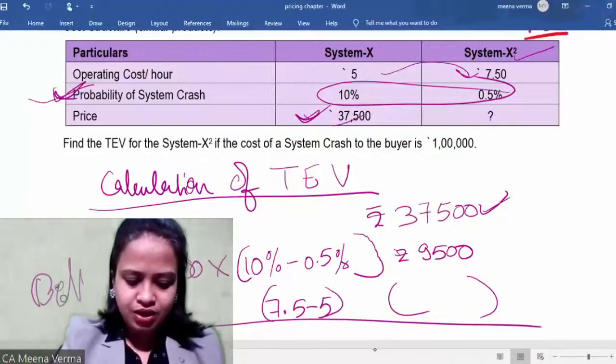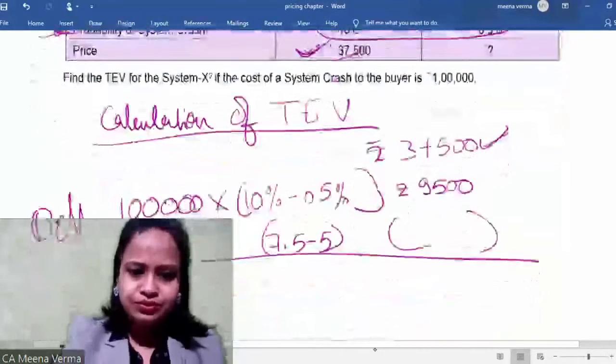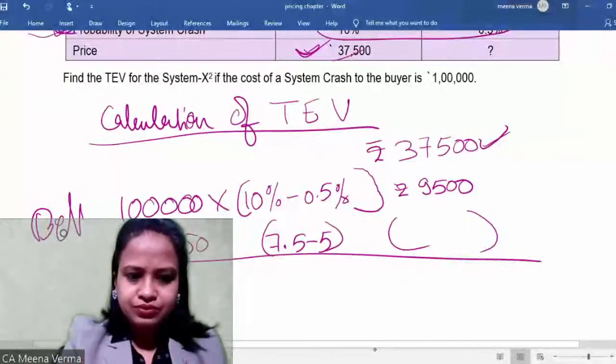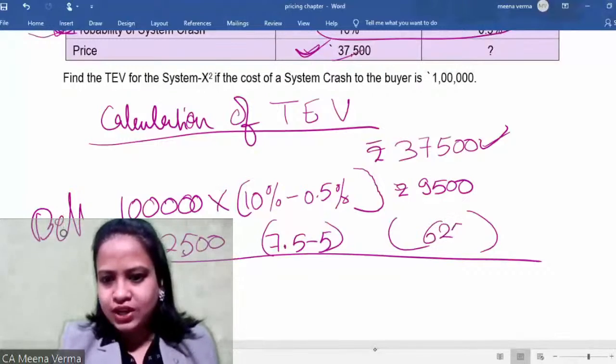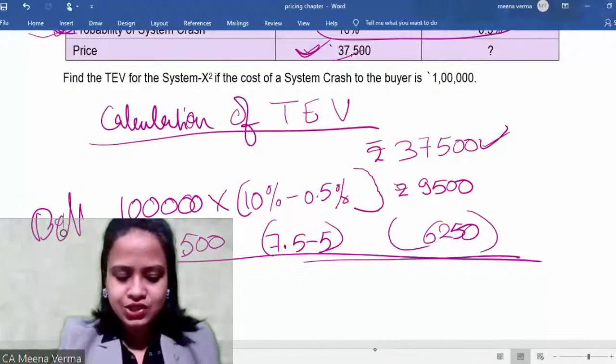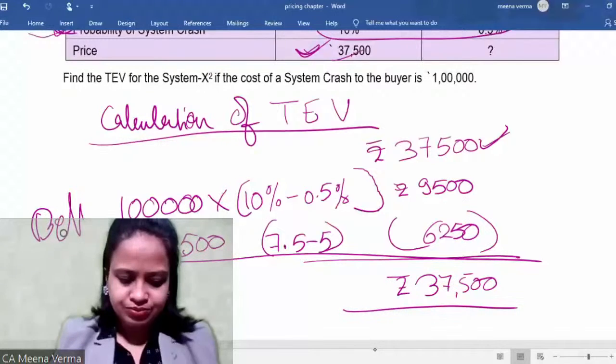For how many hours? 2,500 hours is given here. So in this way, you will get a value of 6,250, and you will charge this money, 3,750. You will charge this price from the customer.